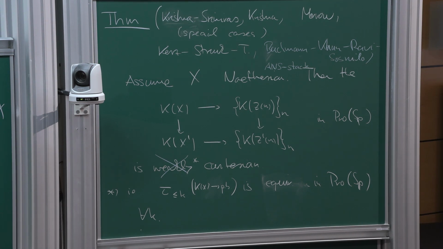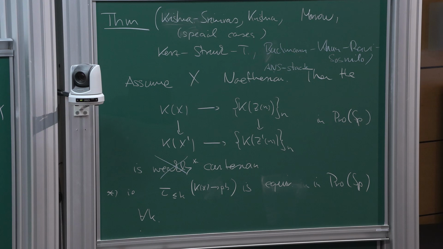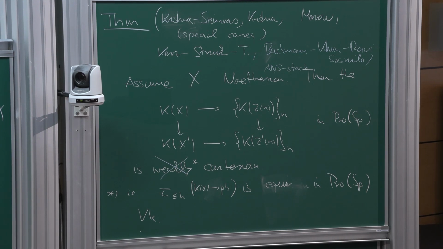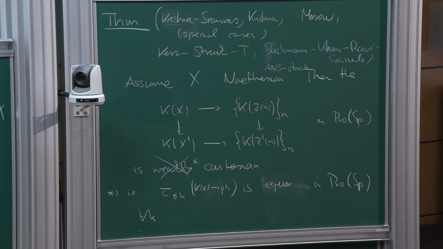The point is that the diagrams that appear in the projects that you construct actually consist of pro-bounded diagrams, and in this sense, any weak equivalence is automatically a strong equivalence.